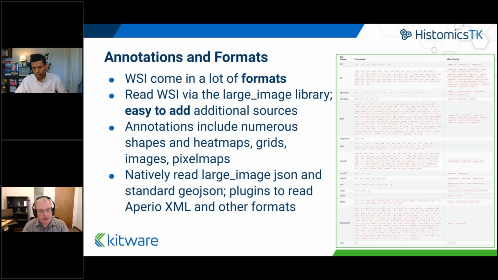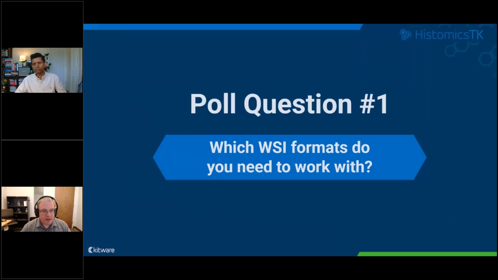We have a native format for annotations, but we also read standard GeoJSON. We've had community contributions for plugins to read Aperio XML, and there's other formats, DICOM annotation formats, that can be handled. The point of this is that your data can come in as it stands and doesn't have to be converted to something else.